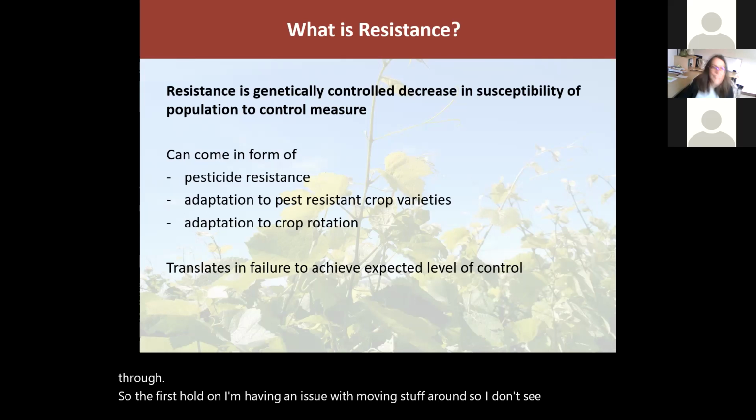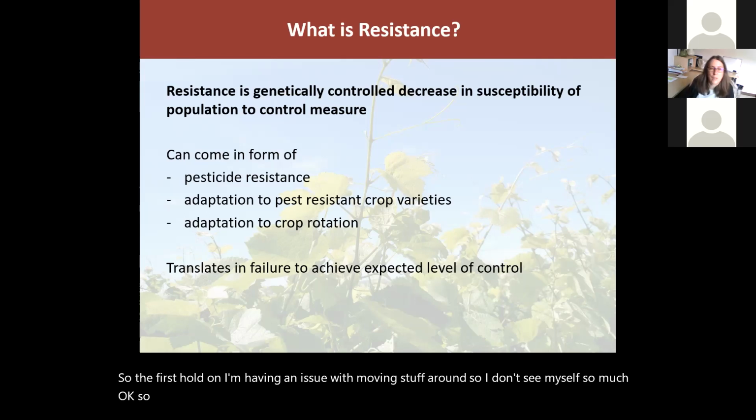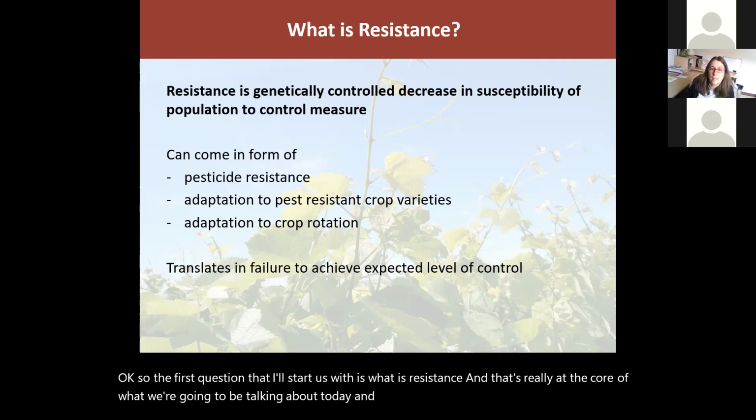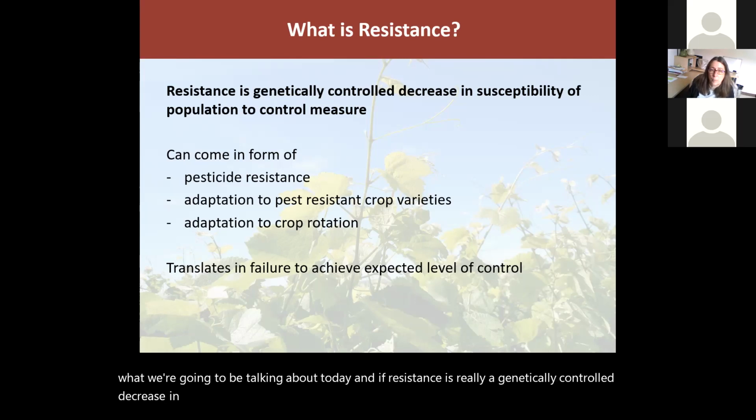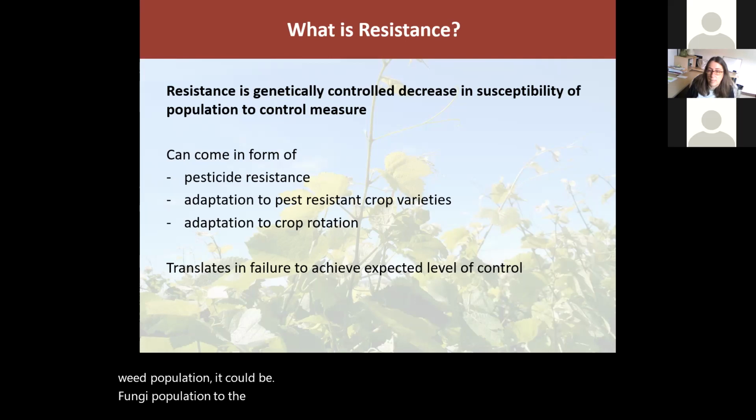So the first question that I'll start us with is, what is resistance? And that's really at the core of what we're going to be talking about today. Resistance is a genetically controlled decrease in the susceptibility of a population, it could be an insect population, a weed population, or a fungi population, to the control measure that is applied.